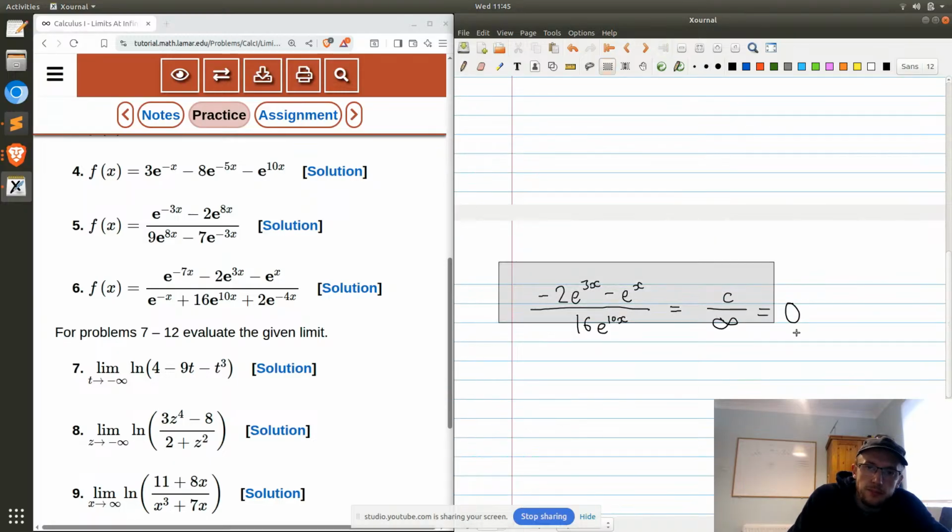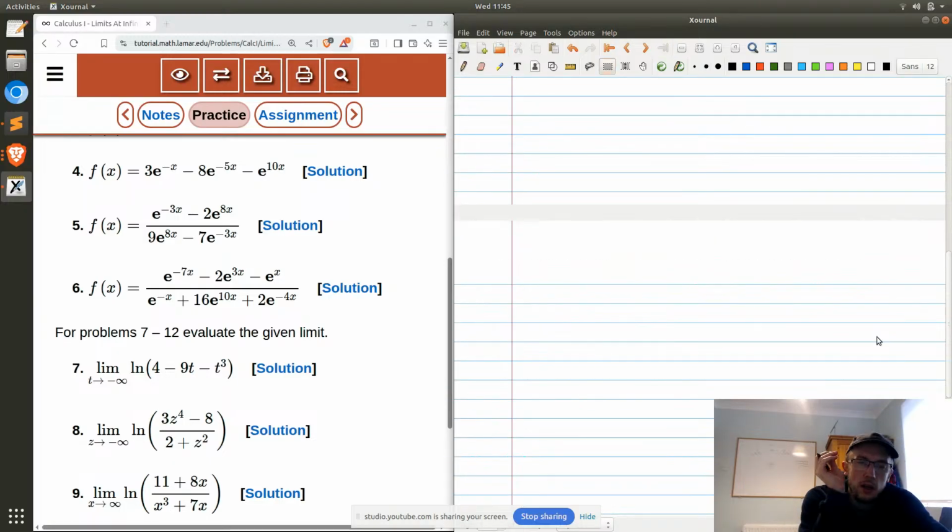Now, what do I do for negative infinity. Okay, so first term behaves like that. Second term disappears. That term disappears. This behaves like this.